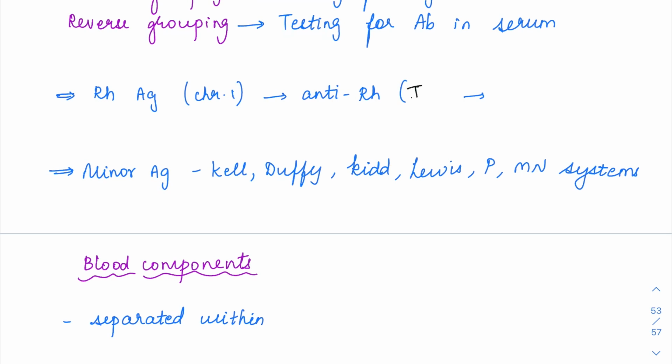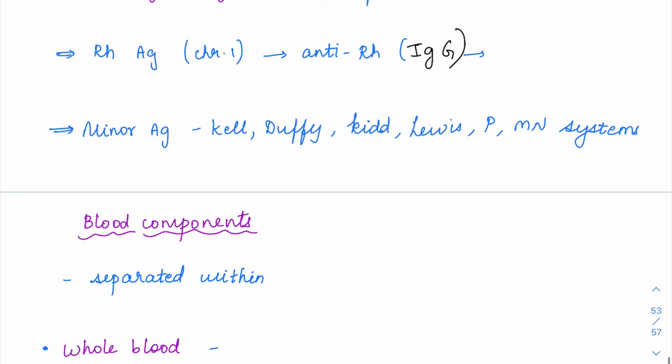And the most important thing about this is that these anti-RH antibodies are going to be of IgG subclass. So normal ABO antibodies are of IgM subclass, while anti-RH is of IgG subclass. Why is it important? Because this IgG is capable of crossing the placenta, right? So when they cross the placenta, they can cause hemolytic disease of the newborn.